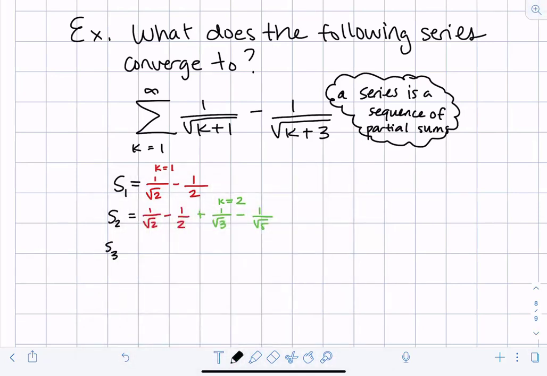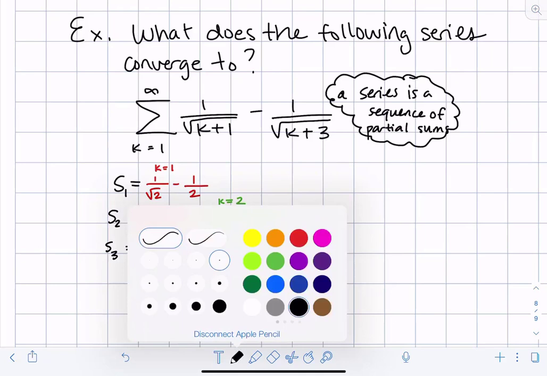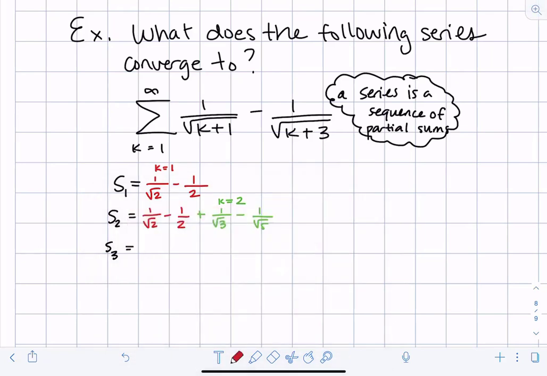So let's keep going and see if, as our sequence progresses, any patterns start to emerge. For S3, we plug in k equals 3, but we're adding that on to what we already had. So 1 over root 2 minus 1 half plus 1 over root 3 minus 1 over root 5. And now let's plug in k equals 3 and add that on.